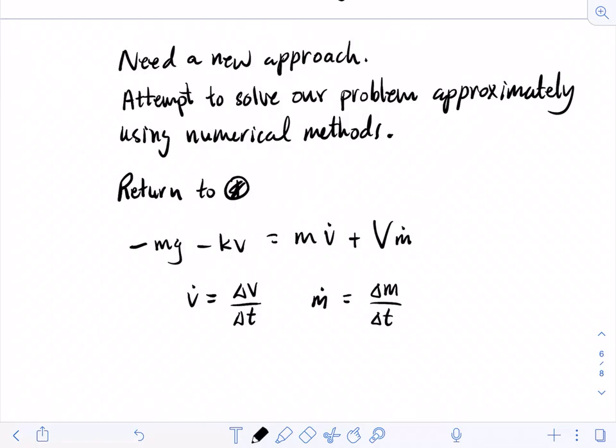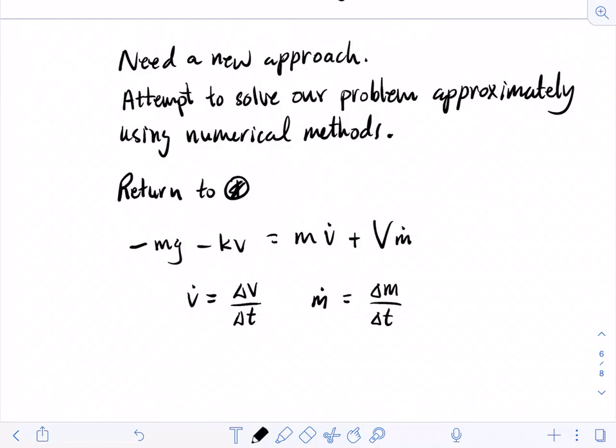What we're going to do is approximate v dot as a finite change in velocity divided by a finite change in time. The reason that we'll be able to make our solution basically arbitrarily close to the exact solution is because we could always shrink our choice for, say, the step in time delta t to be as small as we like.